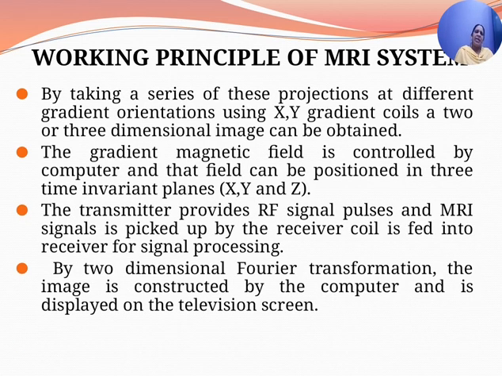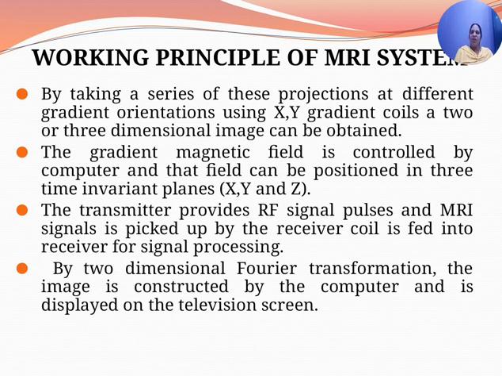By taking a series of these projections at different gradient orientations using XY gradient coils, a 2 or 3 dimensional image can be obtained. The gradient magnetic field is controlled by the computer and the field can be positioned in 3 time-invariant planes, X, Y and Z. The transmitter provides RF signal pulses and the MRI signal is picked up by the receiver coil and fed into the receiver for signal processing.